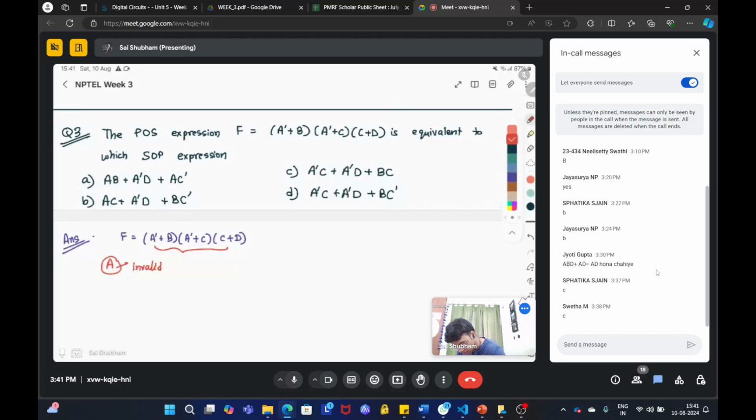Okay, I think I should solve. It would be better. So first I will perform multiplication in this. You can take A dash common.